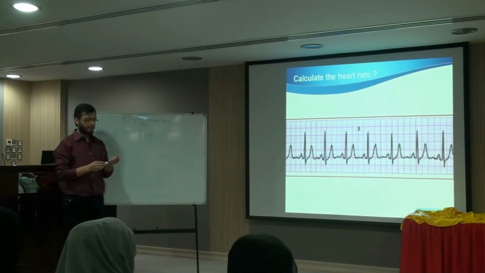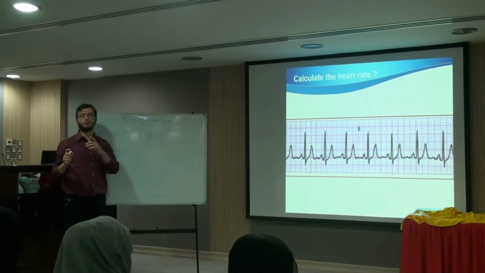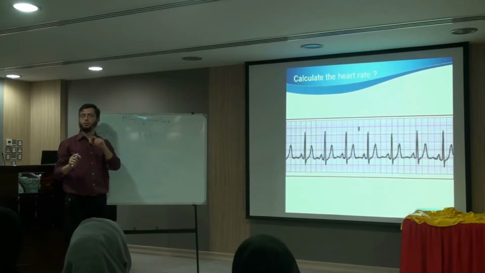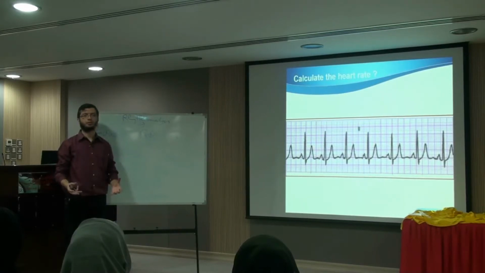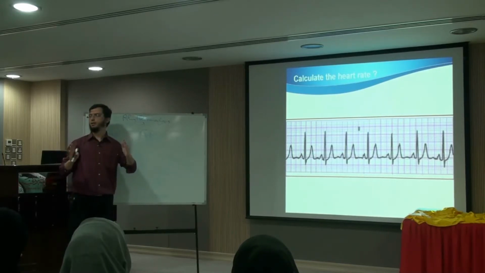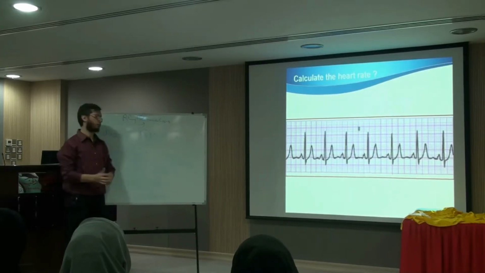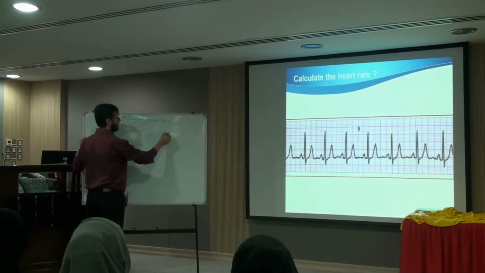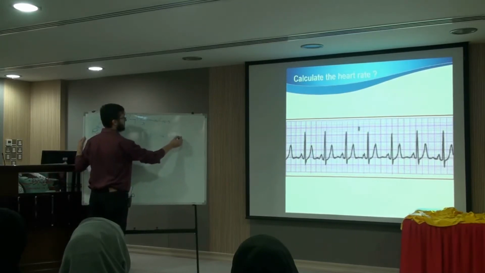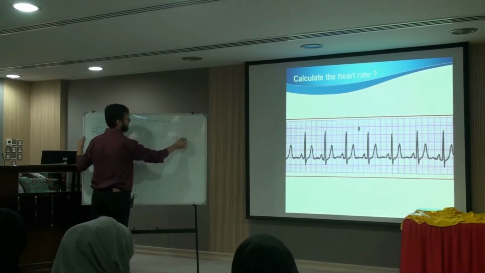Because the electrical activity goes from the AV node to the His bundle to the right and left bundles almost at the same time. So the right and left ventricles will contract almost at the same time. So there is no time wasted in the activation of the two ventricles. So if they are contracting at the same time, then the QRS complex should be narrow. Narrow QRS complex.